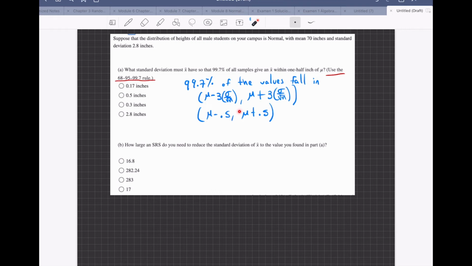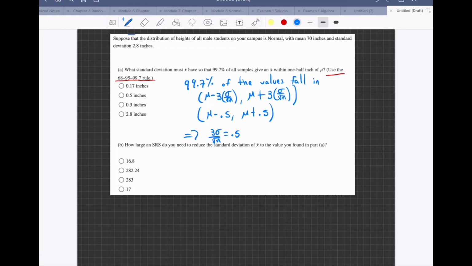This means within 1/2 inch of mu. So if these two intervals are the same, then this value should be equal to this value, see? Then we have this equation. This implies that 3 sigma over square root of n is equal to 0.5.